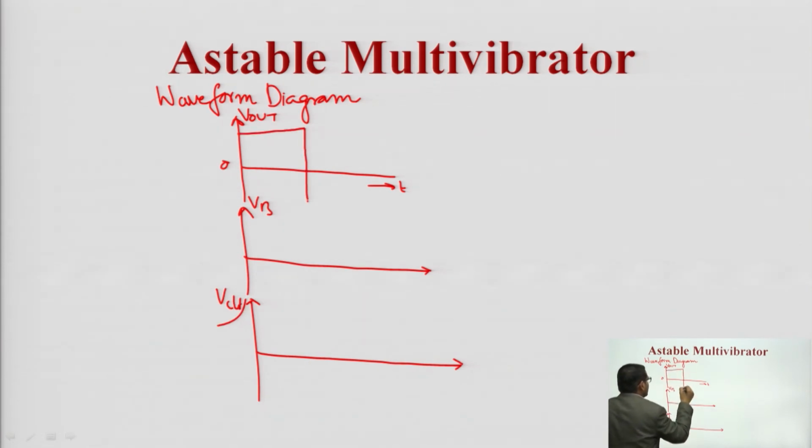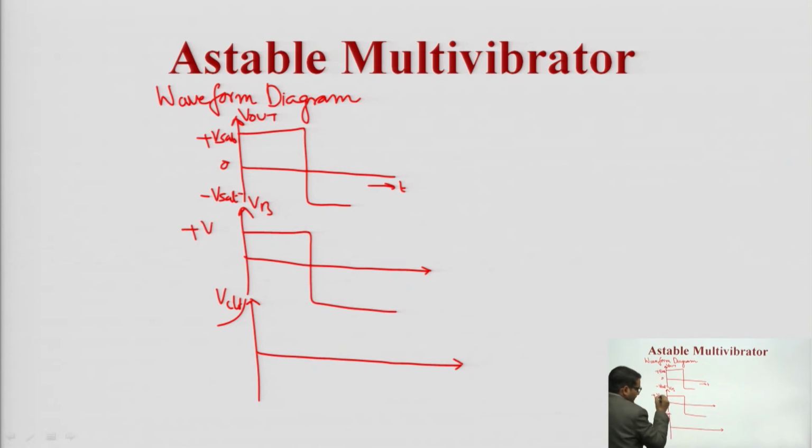Initially, it starts from plus Vsat and goes to minus Vsat, with plus Vt and minus Vt, and the capacitor charges.